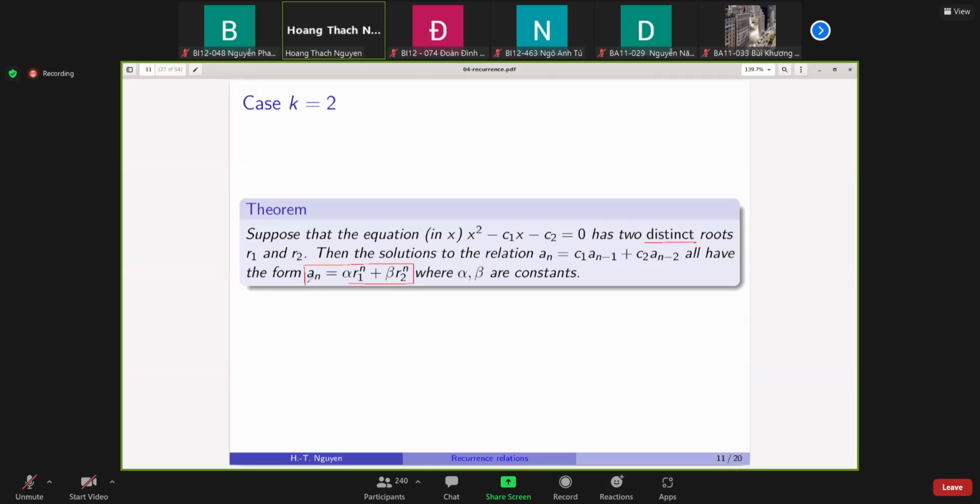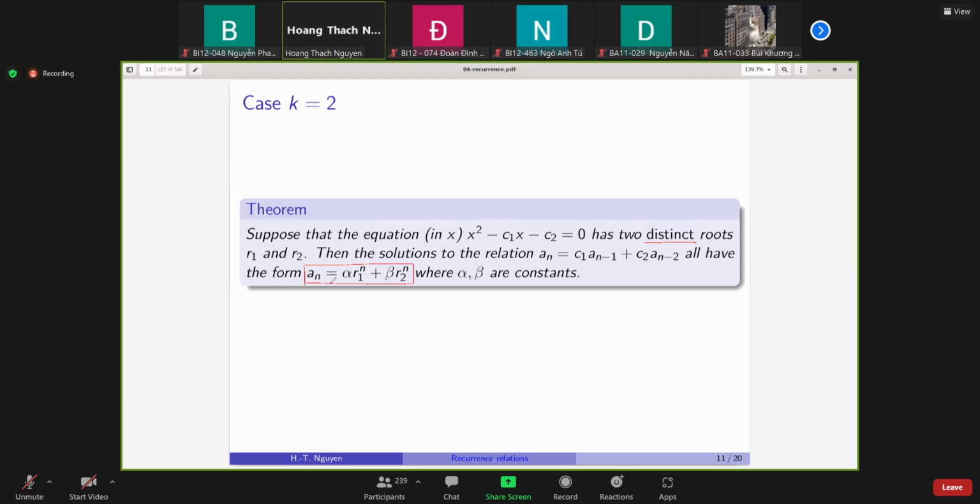In order to find the coefficients alpha and beta here, you will let n be 0 and 1, or 1 and 2, depending on whether you start your sequence with 0 or with 1.